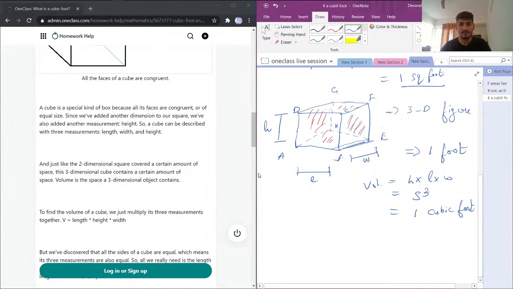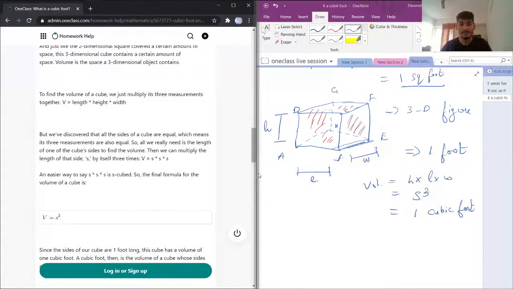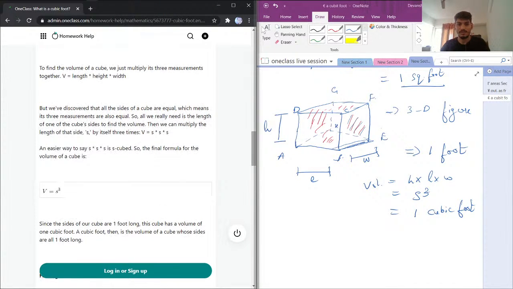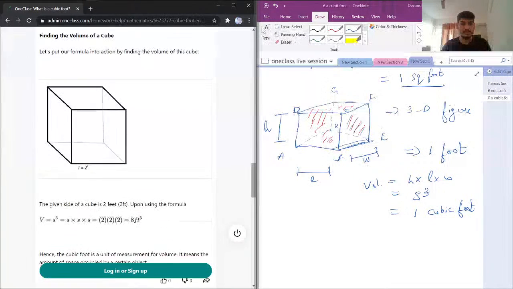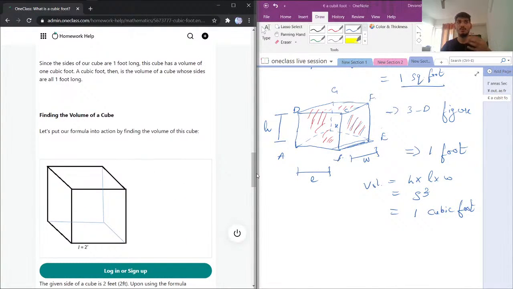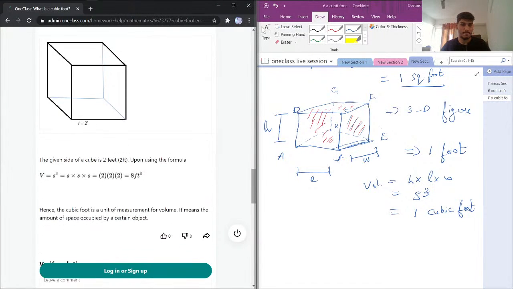So hence we get 1 cubic foot, which is the volume of a cube whose side length is 1 foot.